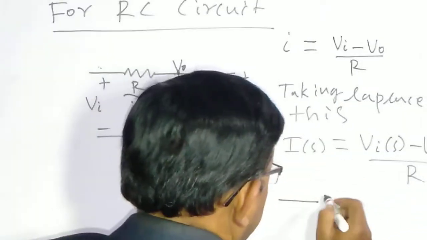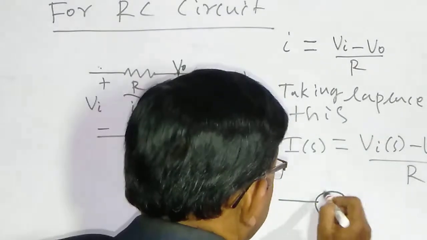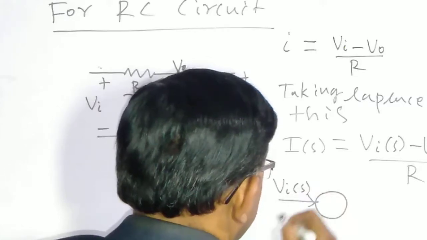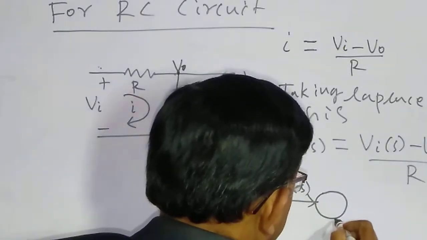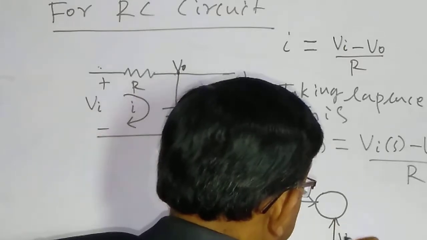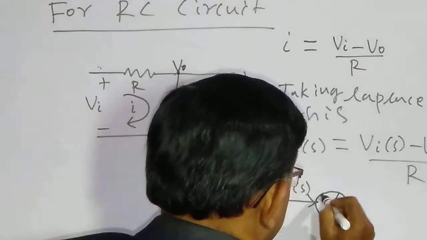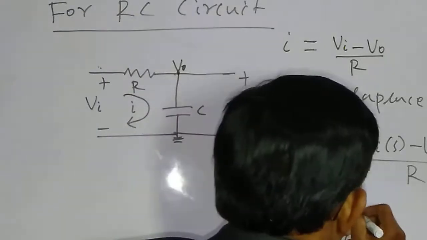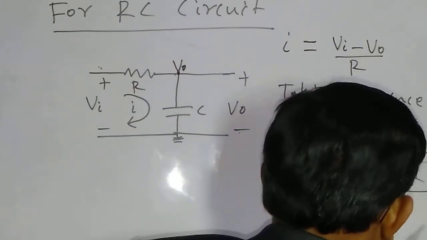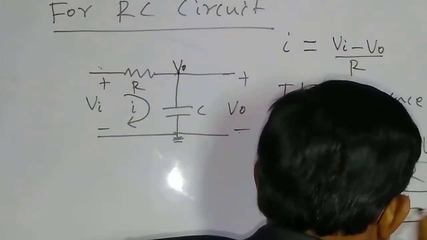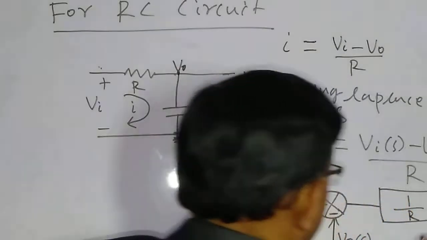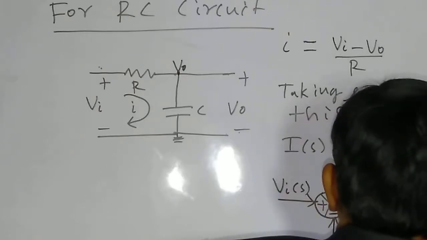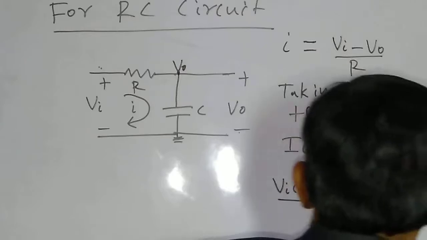This is the block diagram representation of this equation. Let us take this is Vi of s, then this is V naught of s, let's take negative feedback, and this is the block representing the resistance, that is 1 by R, and this is I of s.